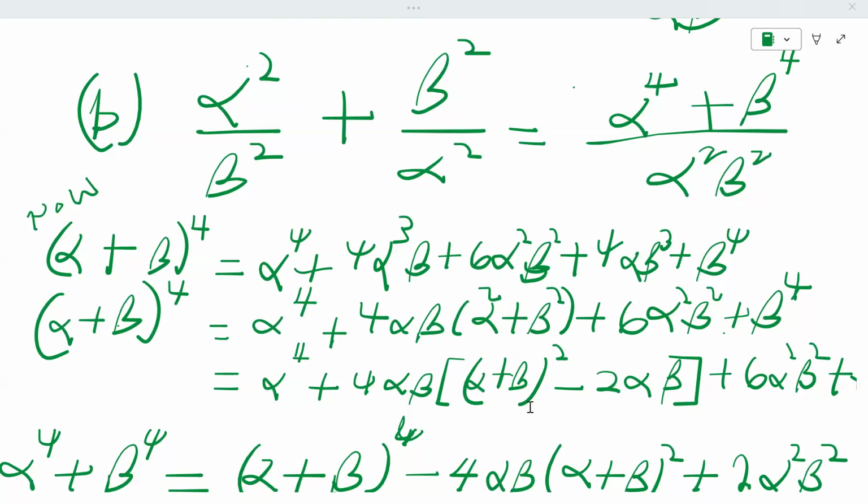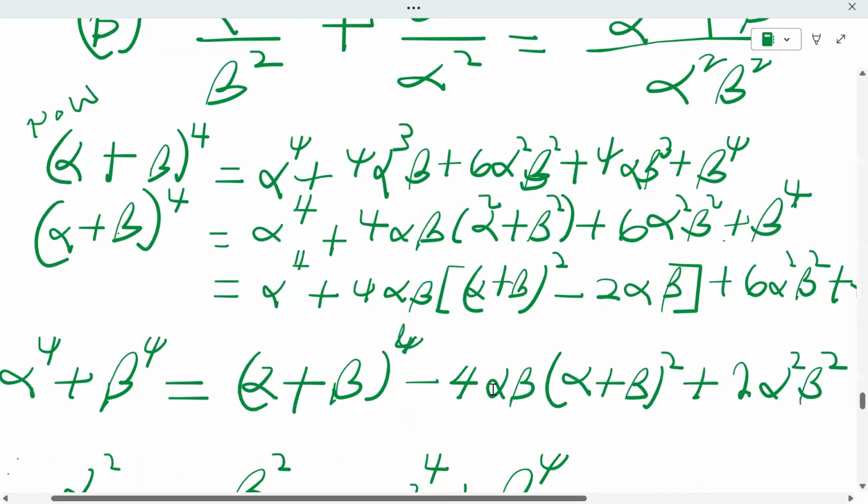So from a previously solved question, we can get alpha squared plus beta squared being equal to this. With this, we can now multiply through, so 4 alpha beta times this will take us to the next level, and then 4 alpha beta times negative 2 alpha beta will give us negative 8 alpha squared beta squared. Remember that we have 6 alpha squared beta squared, so we shall get negative 2 alpha squared beta squared.